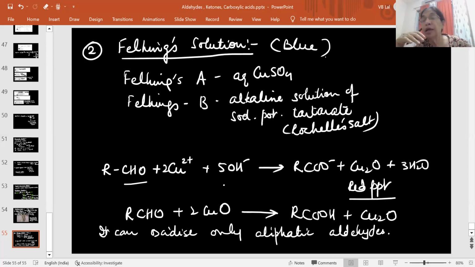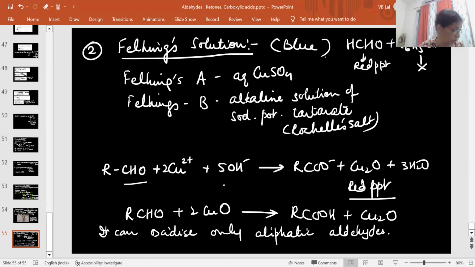Benzaldehyde will not give this test because it has a benzene ring. It is an aromatic aldehyde. So it can be used to distinguish between HCHO and C6H5CHO. HCHO will give a red precipitate and C6H5CHO will not. So you can distinguish using Fehling's solution. So this is another good oxidizing agent that can be used for oxidation.